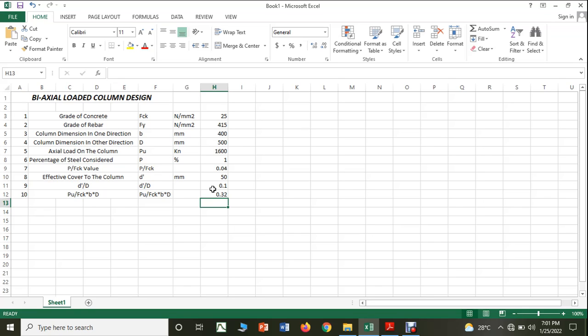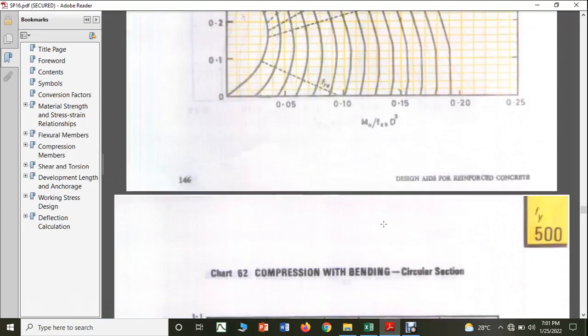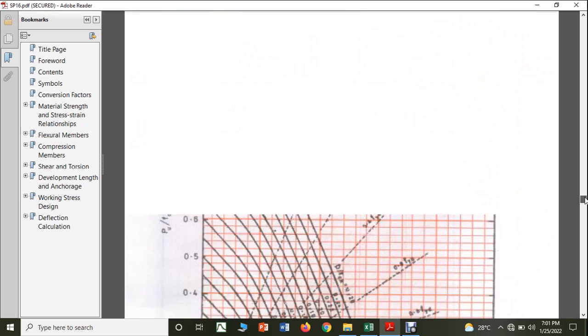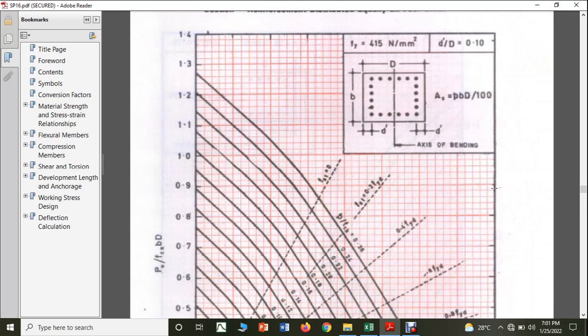There from Pu by FCK BD value, that is 0.32, and the corresponding p by FCK as 0.04. Yes, so this is chart 44.